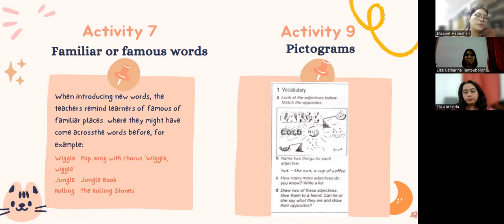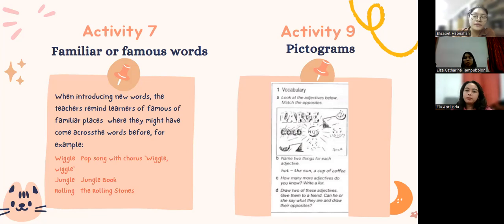For example, Wiggle Wiggle from a pop song with the chorus Wiggle Wiggle, Jungle from the Jungle Book, which is a movie's title, and the Rolling Stones, a singer group.